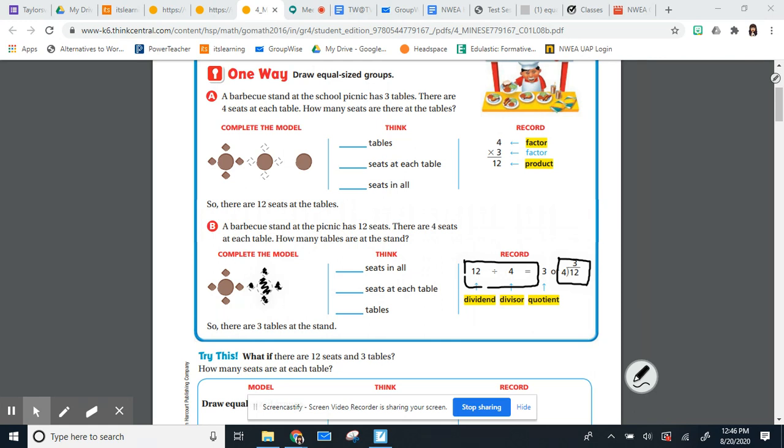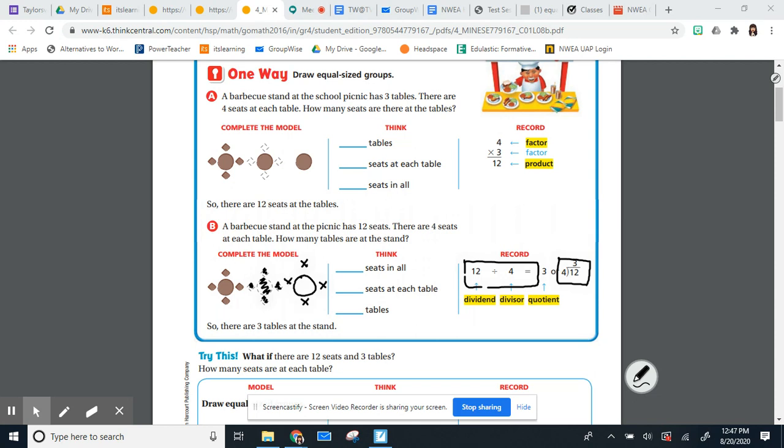Okay, so before there are 8 seats. Need to split 4 more. So I'm going to make 1 more, and then I'm going to add 4 more.